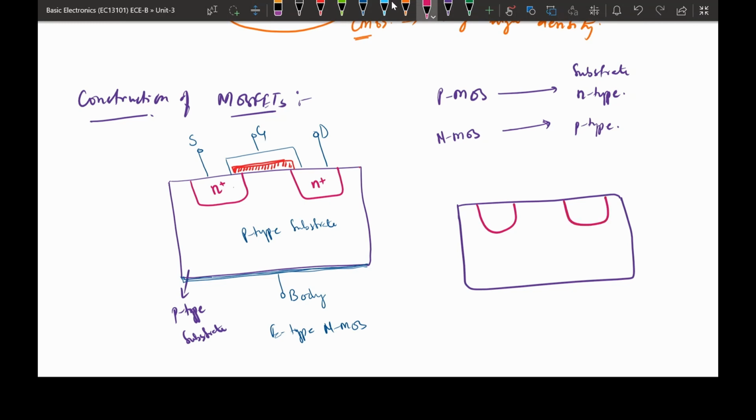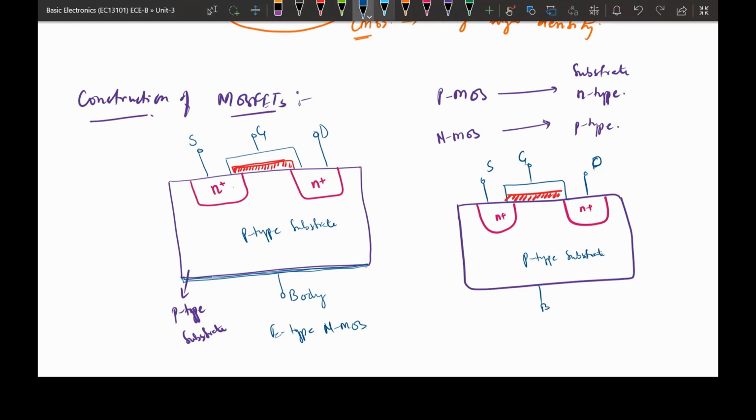This is N plus, N plus, and this is your P type substrate, and here this is gate. So this gate will be having an oxide, so there is oxide, and this is your metal, gate terminal, source terminal, and drain terminal, and this is your body.